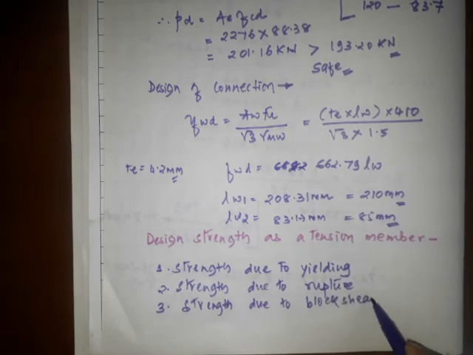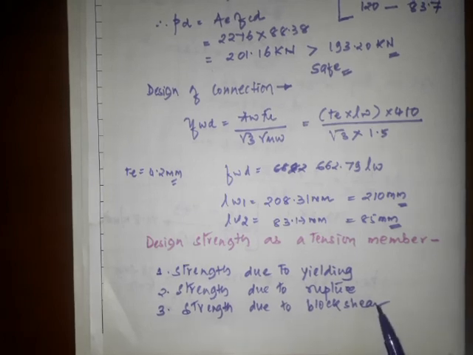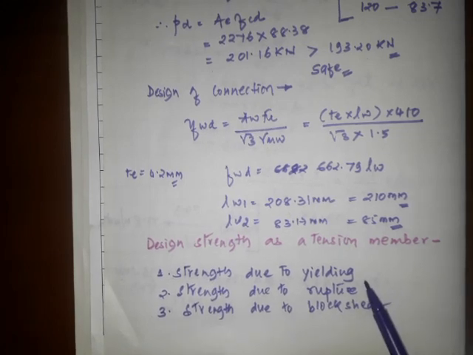These are the three criteria from which we estimate the strength of the tension member. These are the steps you have to follow: find out the strength of the member with respect to yielding, rupture and block shear.